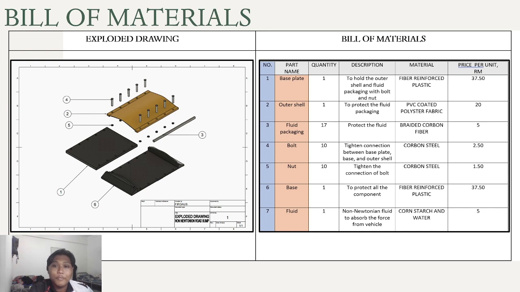After that, we get a fluid shell. For the bolt and nut, we used carbon steel to tighten the connection between the base plate, base, and the outer shell. The base is made from fiber reinforced plastic to protect all of the components.